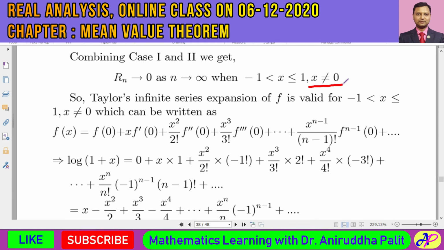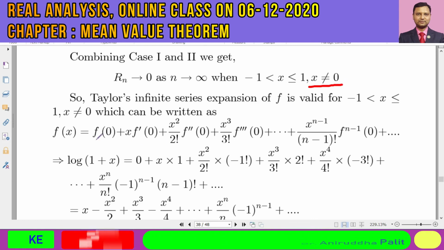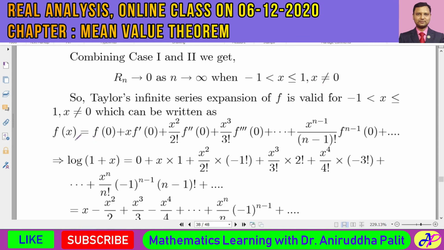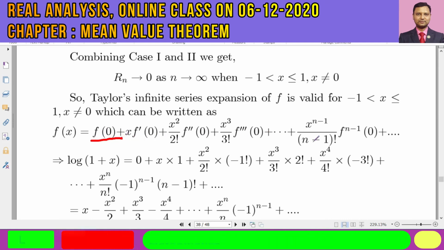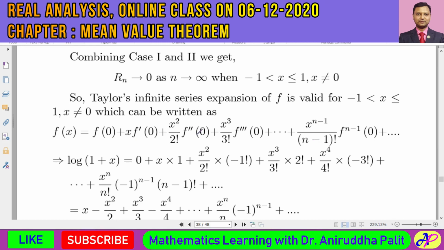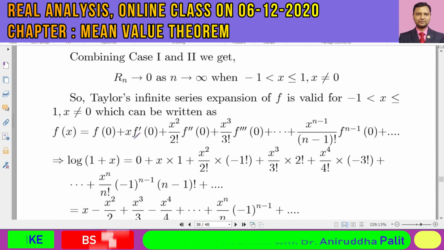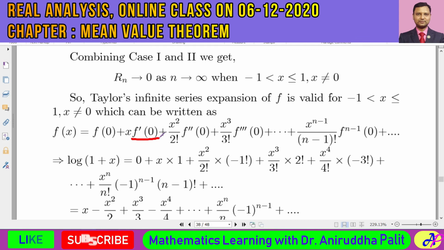So with x not equal to 0, we have this type of expansion, that f of x is equal to f of 0 plus x into f dash 0 and so on. And we already got the expressions of fn 0. So just put n equal to 1, you will get 1.